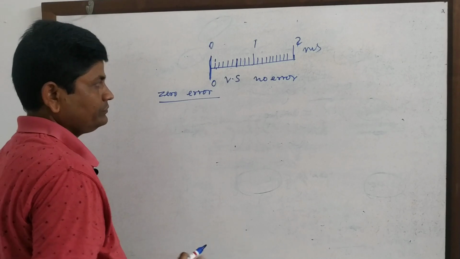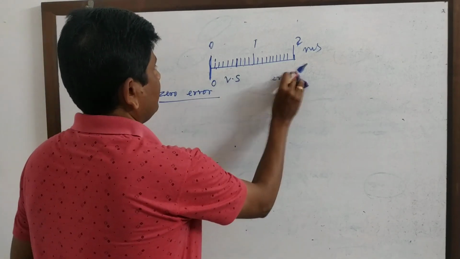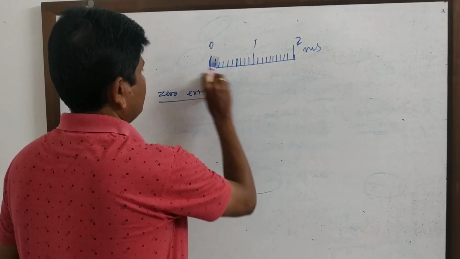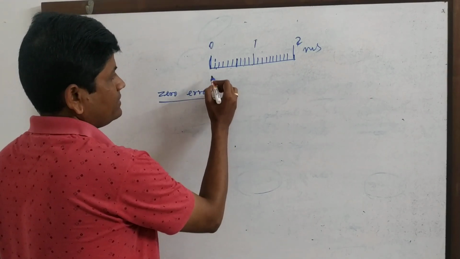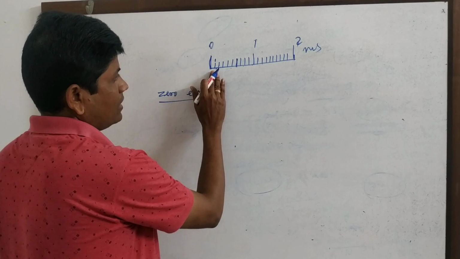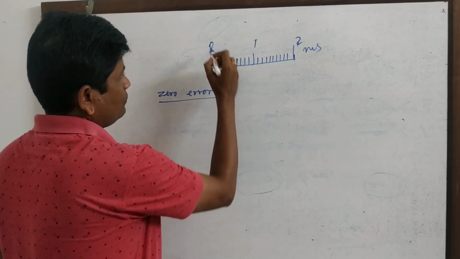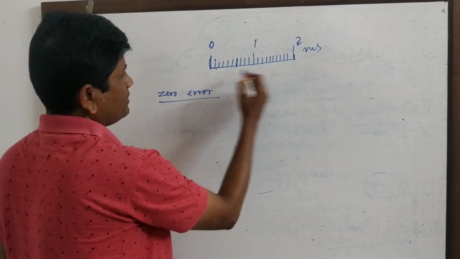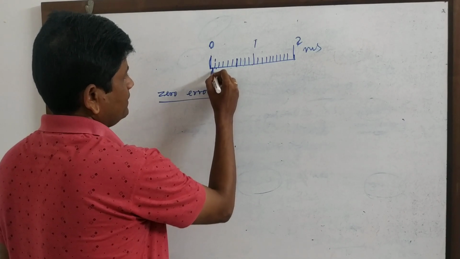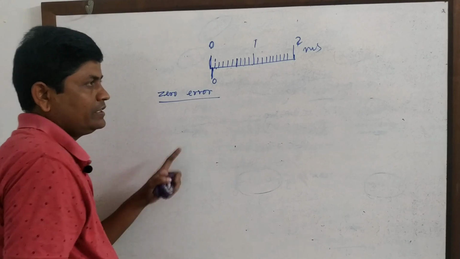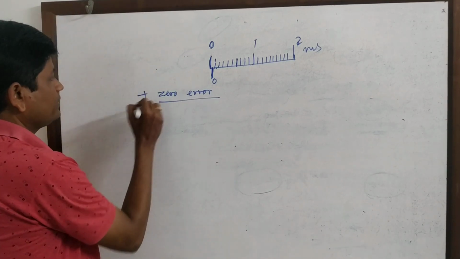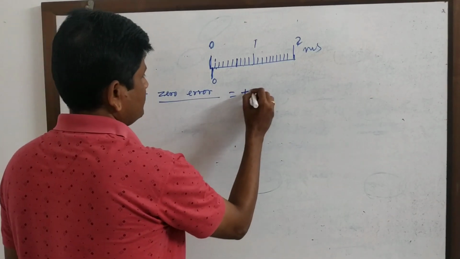If the 0 mark of the vernier scale lies to the right of the 0 mark of the main scale, somewhere here, then it is called positive zero error, plus Z.